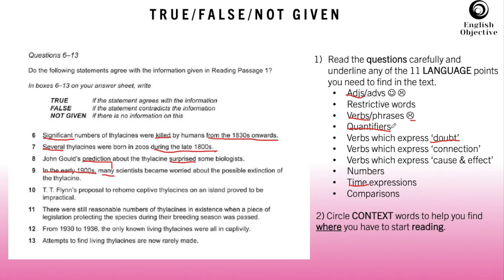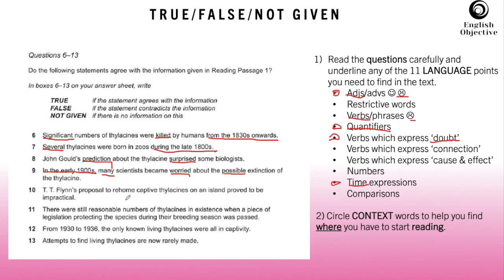Many, so that's a quantifier again. Scientists became worried, adjective, in this case with negative connotation, about the possible extinction. So once again, express doubt, speculation.